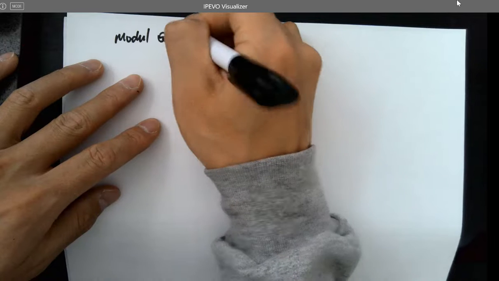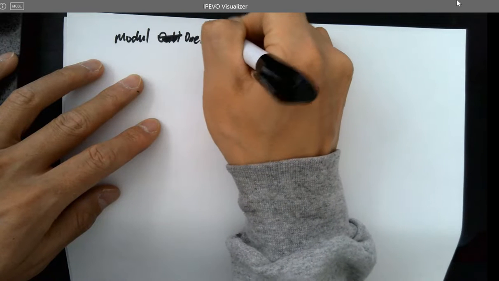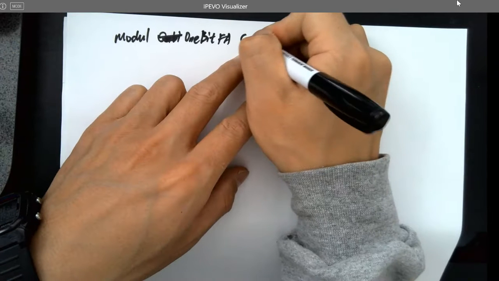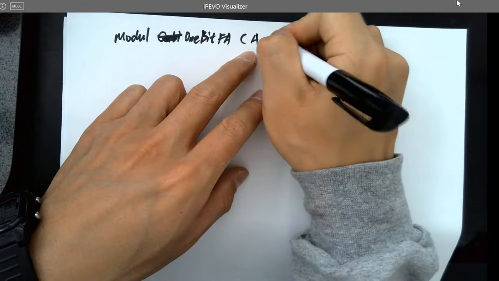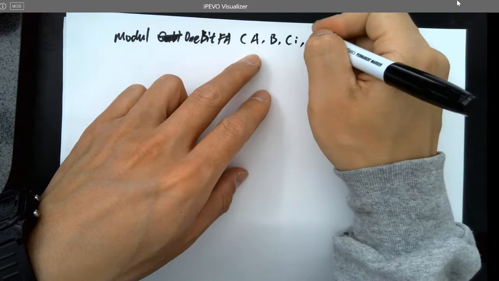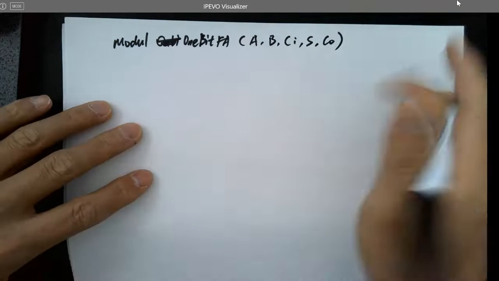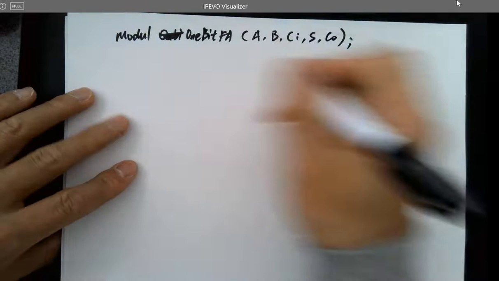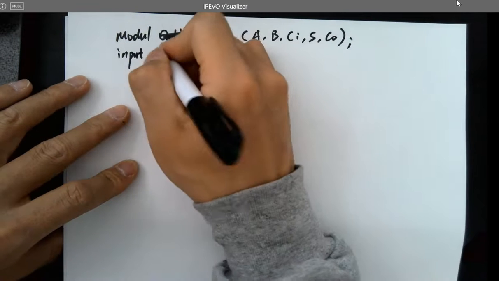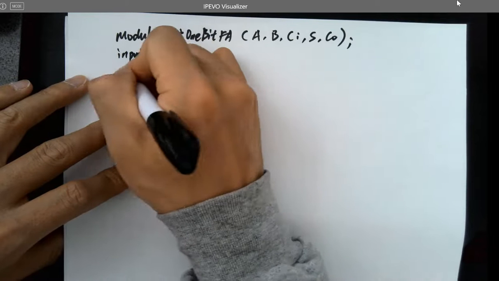Oh, sorry, 1-bit FA, and it has A, B, CI, S, CO. Input, output.